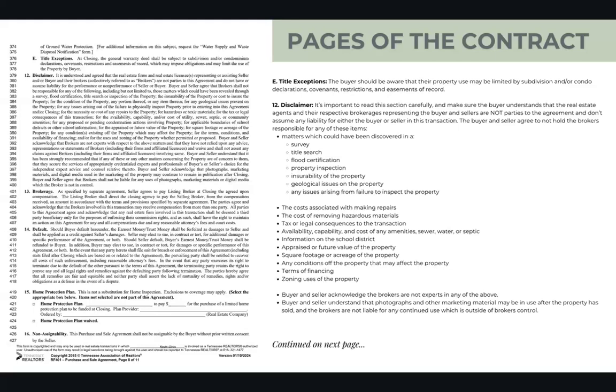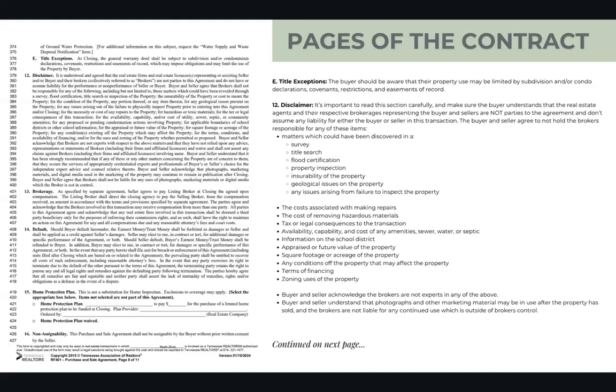The costs associated with making repairs, the cost of removing hazardous materials, tax or legal consequences, availability, capability, and cost of any amenities, information on the school district, appraised or future value of the property, square footage or acreage, any conditions of the property that may affect the property, terms of financing, and zoning uses.